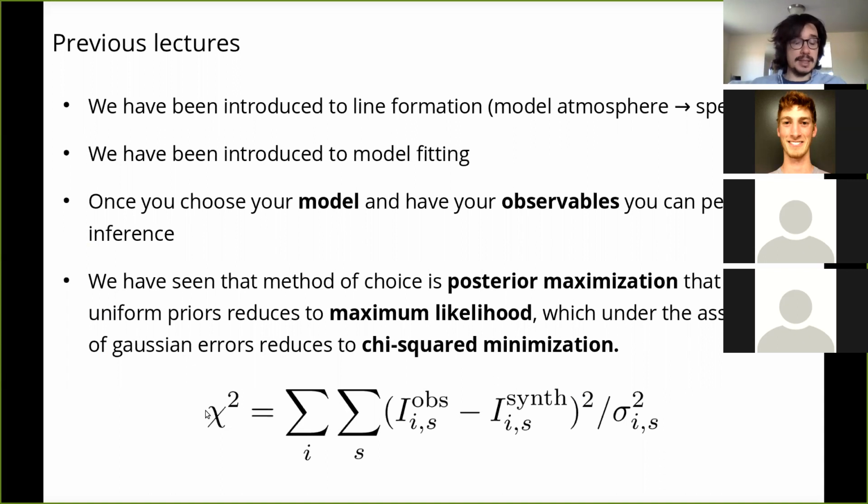It says that chi-square, which is some measure of agreement between observed and synthetic, where synthetic can be a guess, optimal, fitted, whatever parameters, is the sum over all measured points, separated into different wavelength points denoted by different i's, and 4 different Stokes parameters denoted by s, where I'm summing their differences, squaring them, and dividing by the square of the noise.